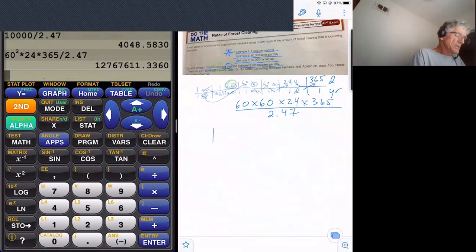If you don't mind, I'm going to put it in scientific notation, 1.28 times 10 to the 7th. What's the units? Hectares per year.